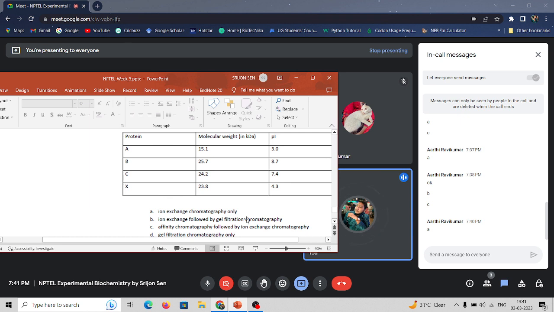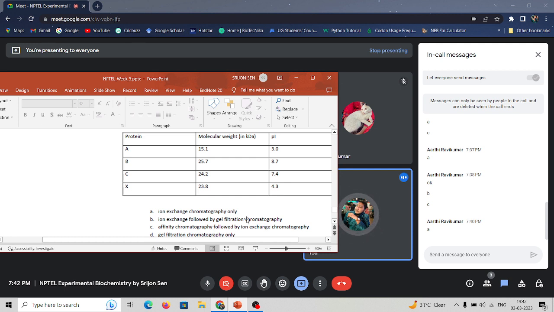Now if you perform only gel filtration, it would give you a mixture of B, C and X. You know why? Because they have similar molecular weights. So only doing gel filtration chromatography won't work over here, and only ion exchange chromatography would give you a mixture of A and X. So that is also not possible. So how do you do that?